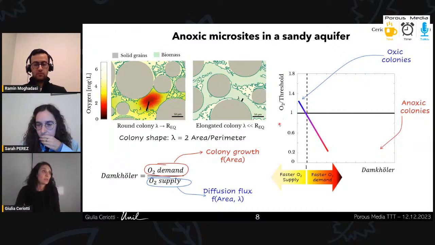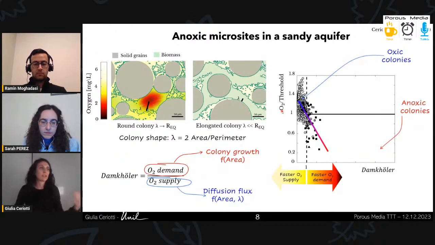On the y-axis, we have the real oxygen that we measure inside our colonies, because we have the oxygen map. So we can characterize each colony with its own oxygen concentration. If I plot all the colonies that we observed in our system, you can see that indeed our interpretation is quite correct. We have a lot of colonies clustering here that probably are not big enough or are elongated, so they stay oxic.